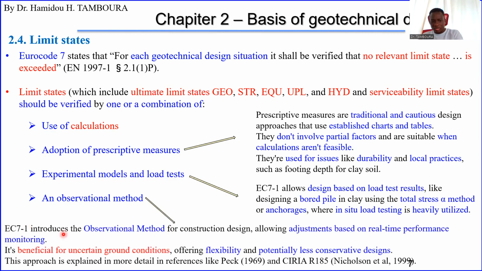This method, introduced by Eurocode 7 for construction design, allows adjustment based on real-time performance monitoring. So this one is beneficial for uncertain ground conditions, offering flexibility and potentially less conservative design. Real-time performance of your structure. Okay. So you know a little bit more about these three.